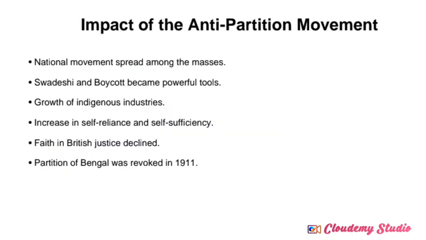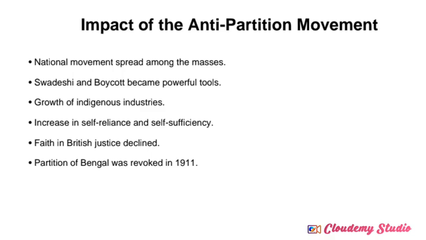So next one, impact of the anti-partition movement. We already observed the people's reaction to the partition, and likewise the impact of the anti-partition movement, which was started by the Indian nationalists at that time. One by one we can see that.